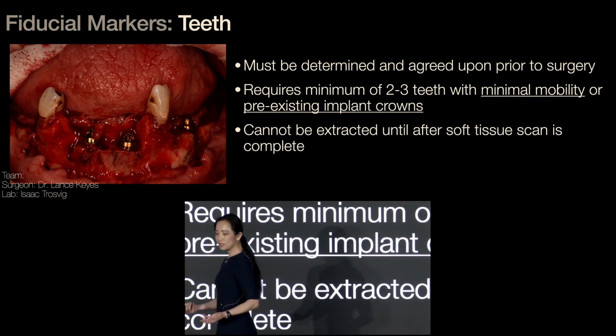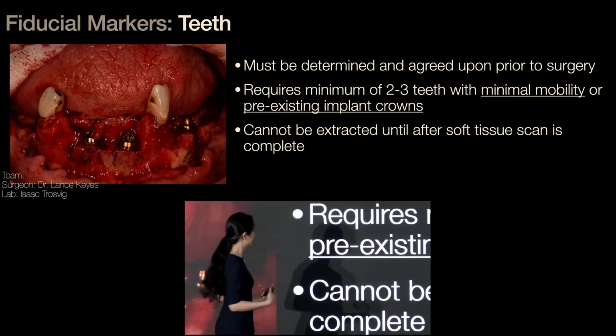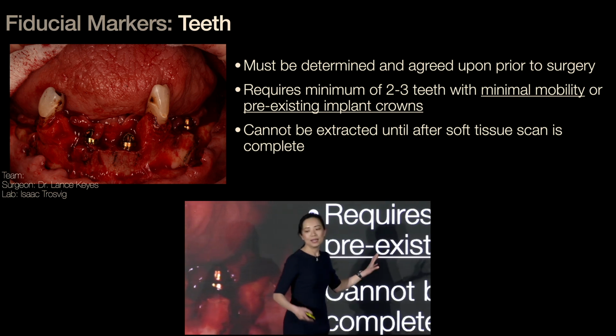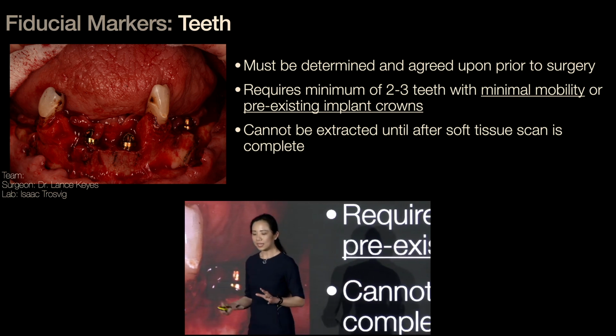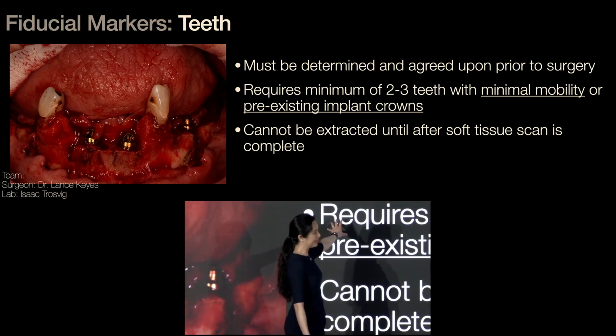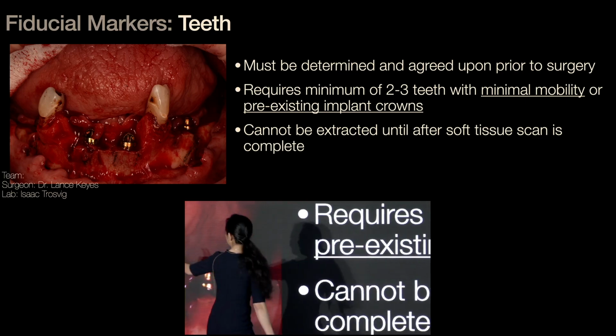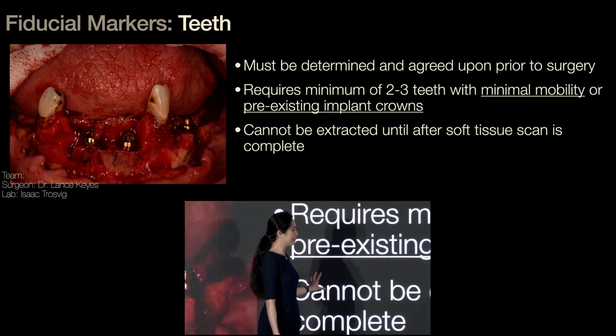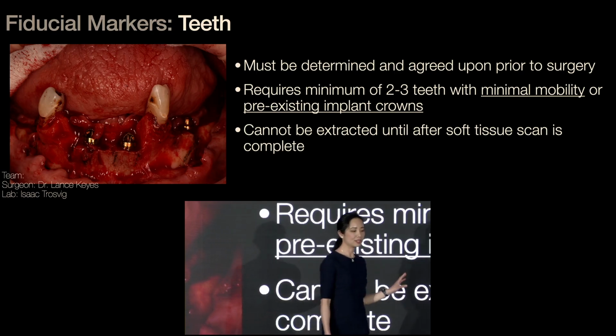So again, when it comes to teeth, they must be determined and agreed upon prior to surgery, because basically they might get in the way of surgery, and also we cannot extract or move these either. So it requires a minimum of 2 to 3 teeth, with minimal mobility, ideally across the arch. And lastly, they cannot be extracted until after the soft tissue scan.